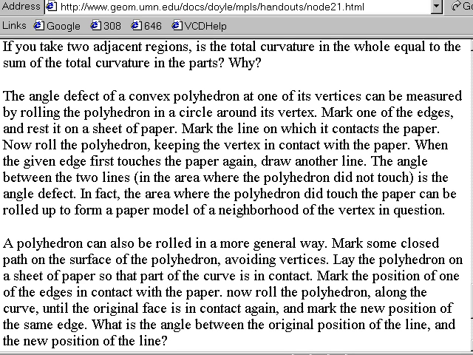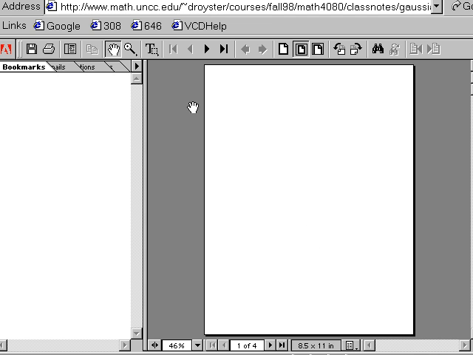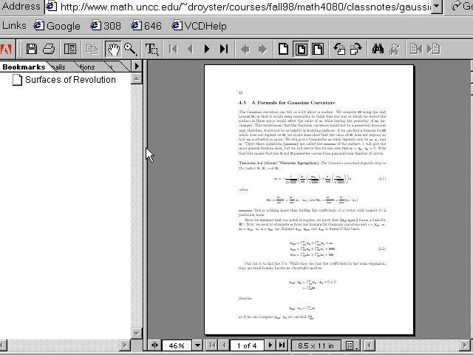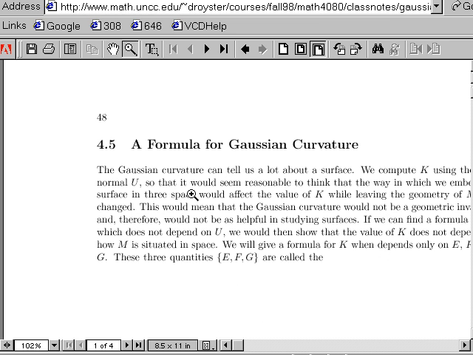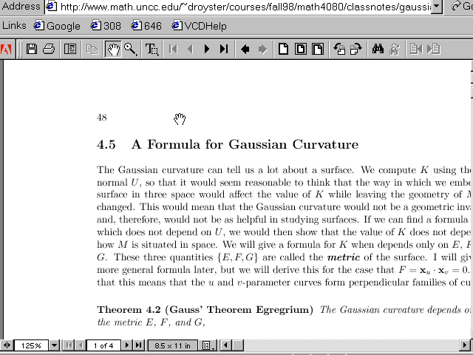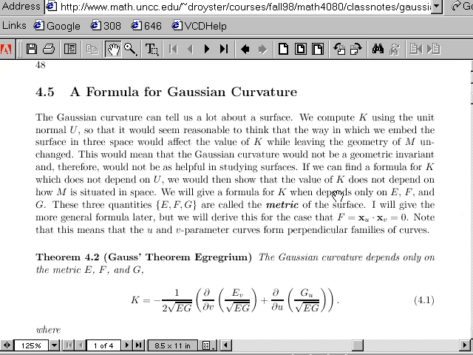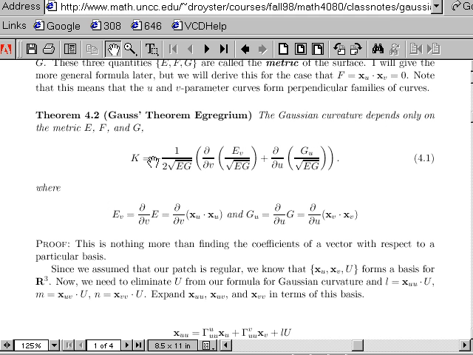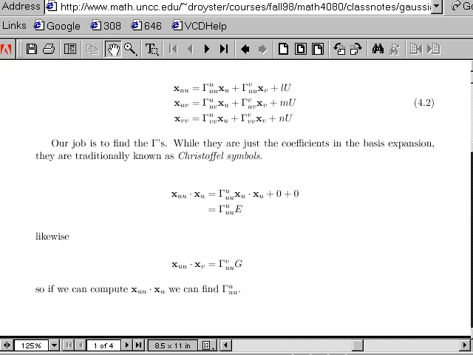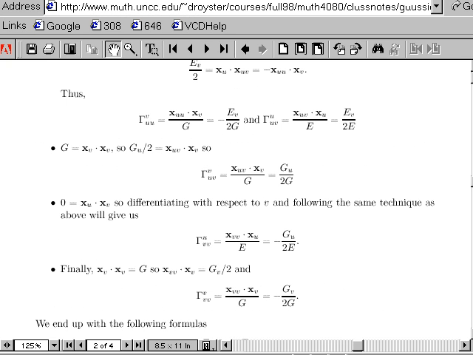I found a very nice course, it appears to be an undergraduate course on differential geometry, and he's broken this up into a bunch of PDF files. One of them discusses a formula for the Gaussian curvature, which is equivalent to the formula that I gave in the case where f is 0.